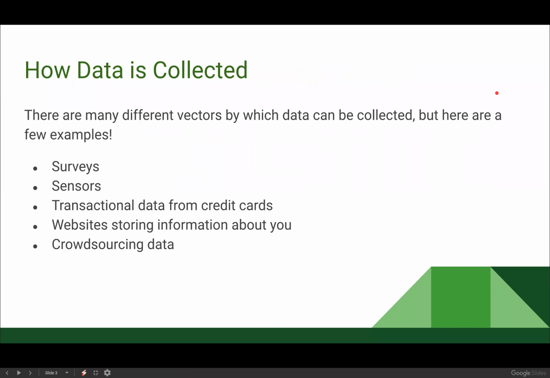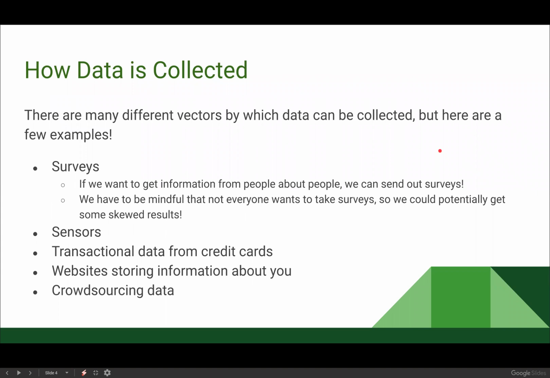So, answer to question one, how we actually collect data. There are lots of different ways that we can collect data. Here's a few examples. We can use surveys. If we want to get information from people about people, we can send out surveys, or we can have a link to a survey posted somewhere, and we can have people respond to this survey.